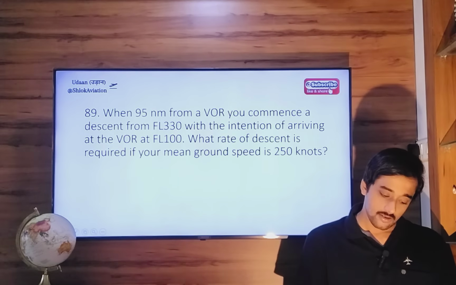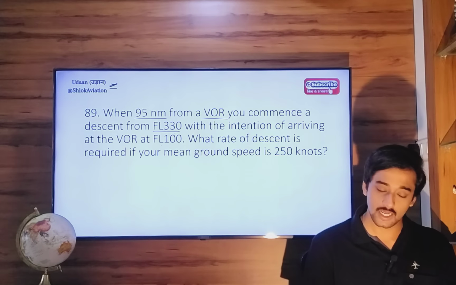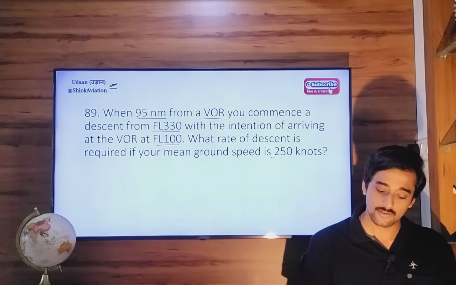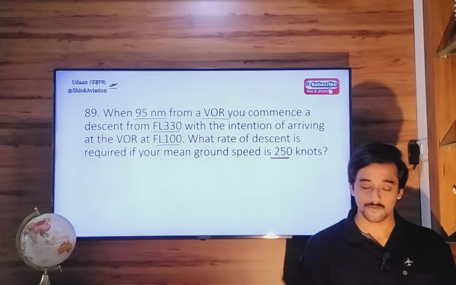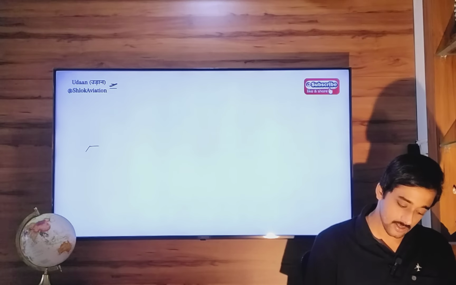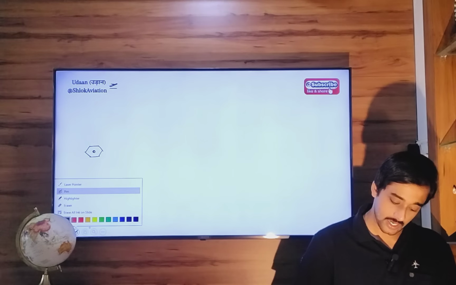Next. You are 95 miles from a VOR station. You have to descend from 33,000 to a level of 10,000. What should be your rate of descent? Its speed is 250 knots. Okay. So let's say this is your VOR station. Here is your aircraft.